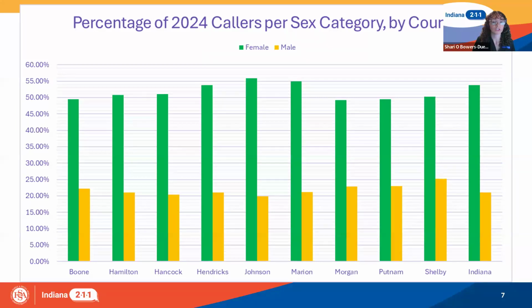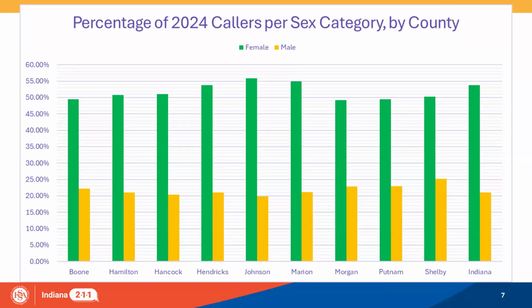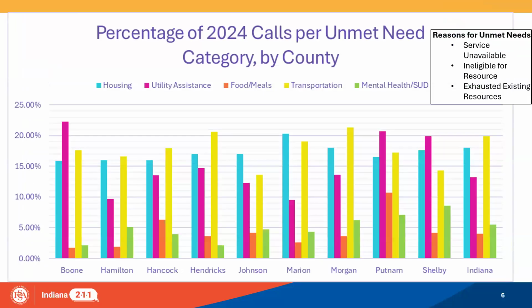All right, is that all the questions we had for now? There was one that says, I missed the percentage for food and meals. So there is data for more than 80% of calls. I'm not quite sure I understand that question, but are they wanting to see that percentage again, maybe? Yeah, let's do that.